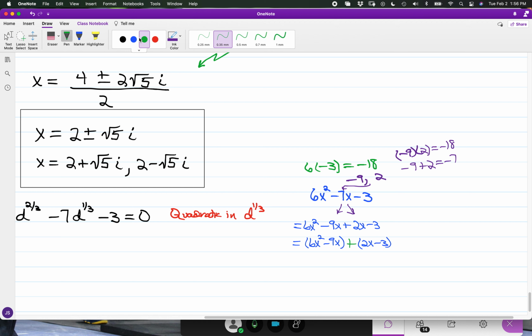Drawing out the greatest common factors, for 6x squared and negative 9x, the greatest common factor is 3x, times the quantity of 2x minus 3. Bring down the plus, and the greatest common factor of 2x minus 3 is only going to be 1.